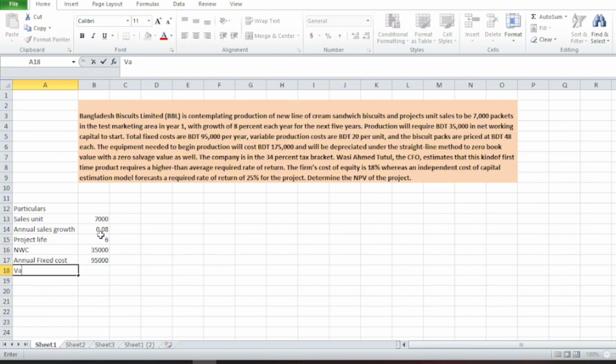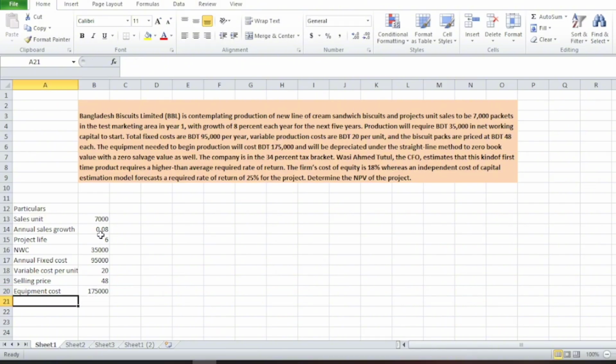And then we have the variable cost per unit, which is 20 taka. We have the selling price, which is 48 taka. And then we have the equipment cost, which is 175,000.